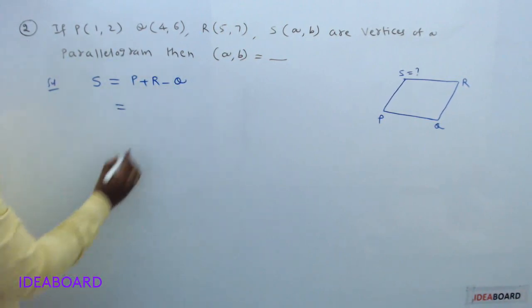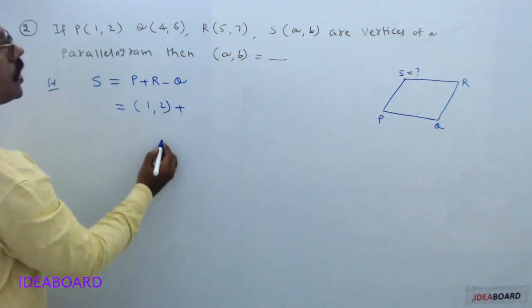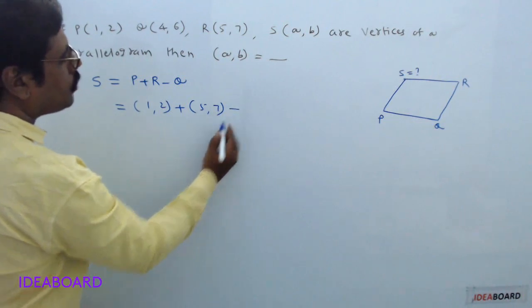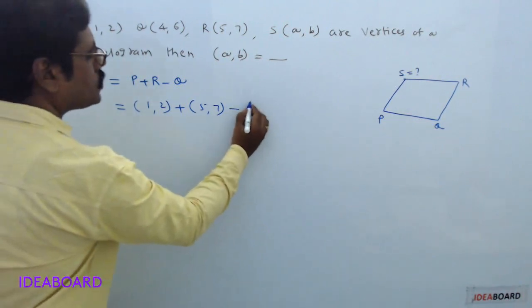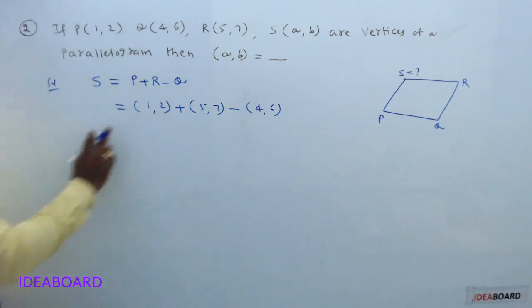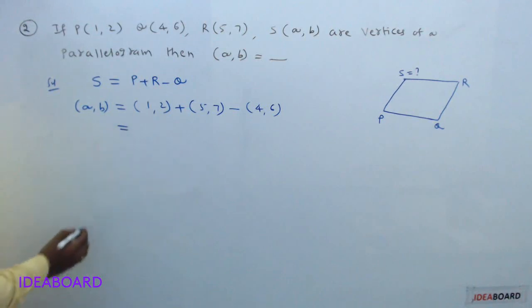Now this equals P point coordinates (1, 2) plus R point coordinates (5, 7) minus Q point coordinates (4, 6). Now S is (a, b).